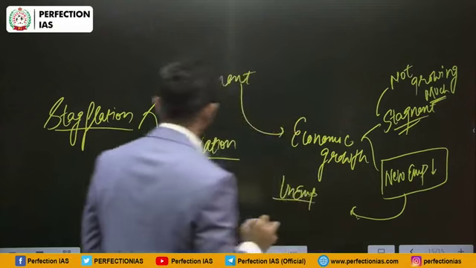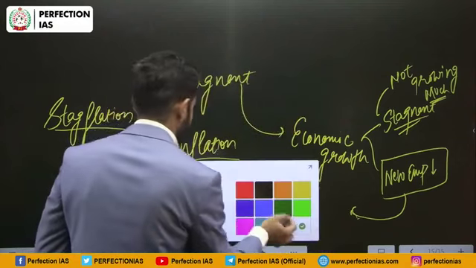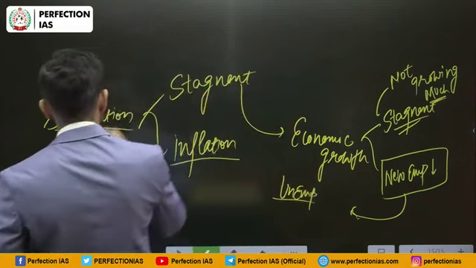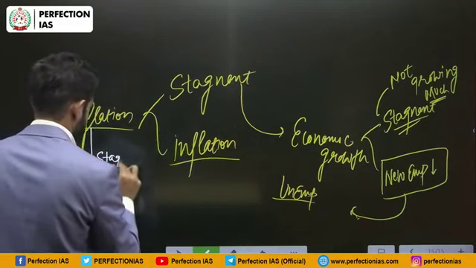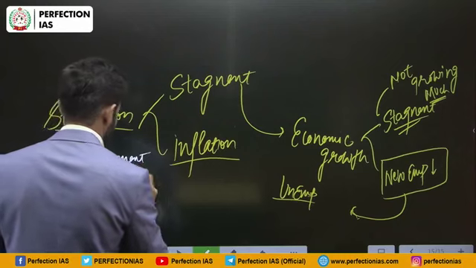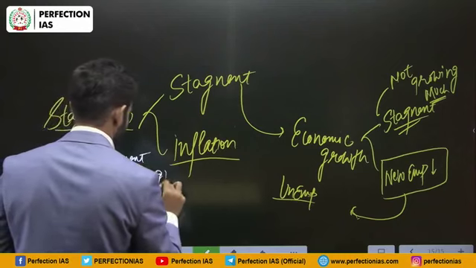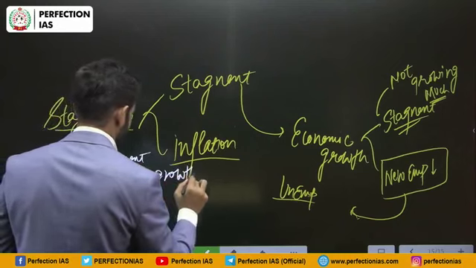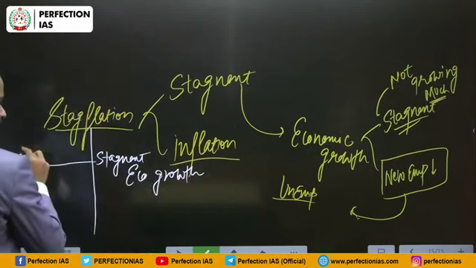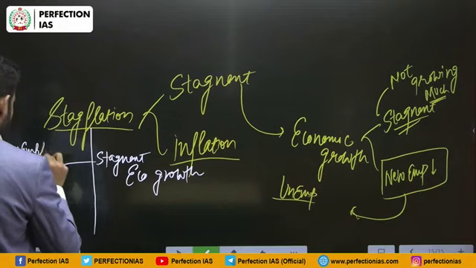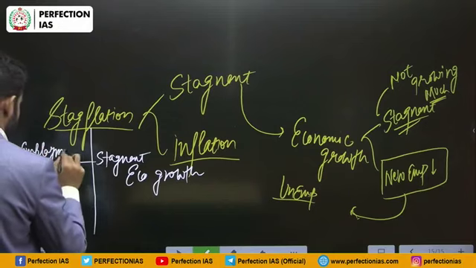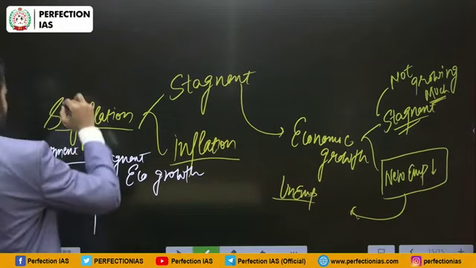So it is a combination of three things: A, stagnant economic growth, B, unemployment, and C, inflation.